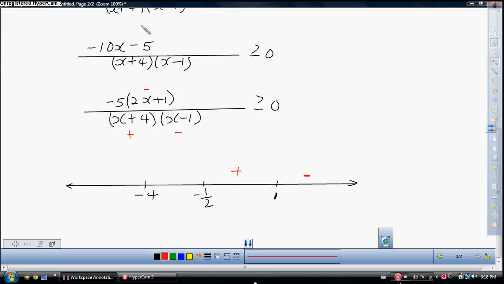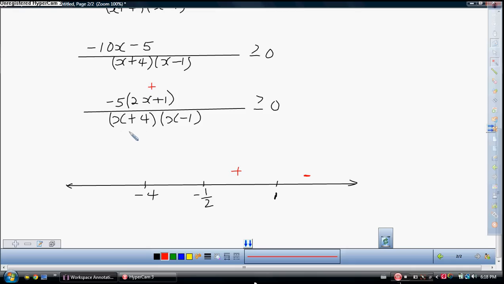Okay, let's erase that again. Let's use a number between negative 4 and negative 1/2. Let's say negative 3. 2 times negative 3 plus 1 would be negative, times negative 5, that's positive.